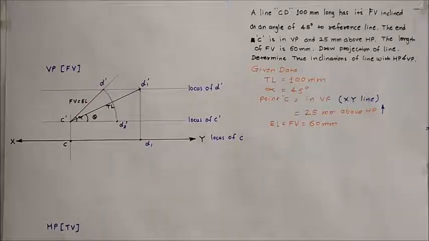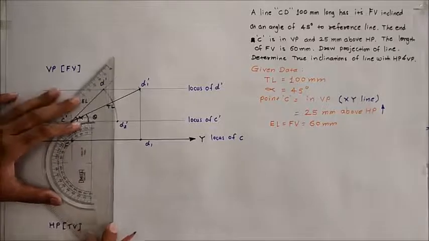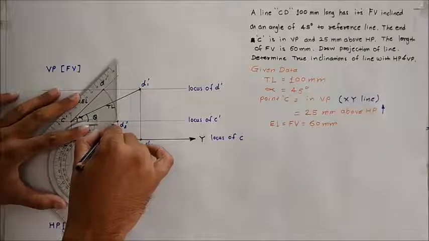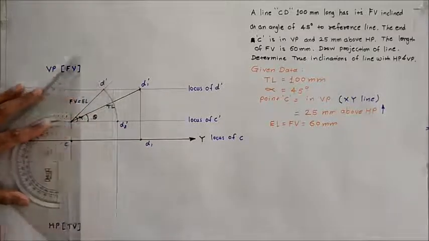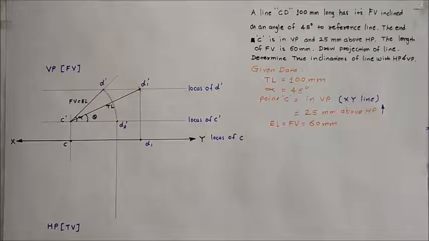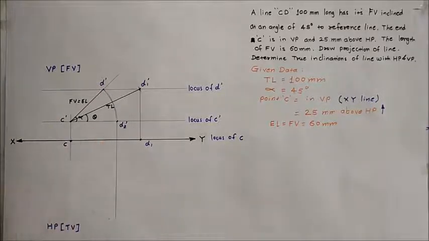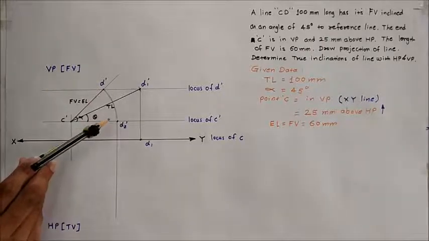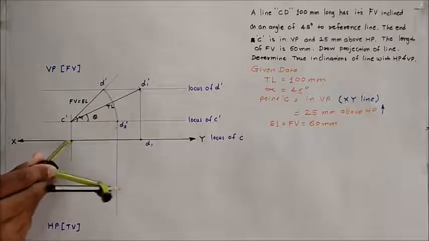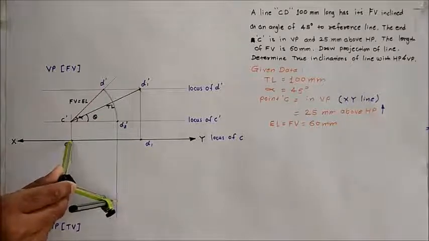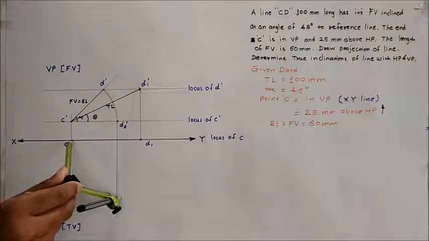Now draw a projection line which starts from D2 dash, which is perpendicular to the XY like this. Then we know the true length of the line is 100 mm, which is given. Take the 100 mm dimension in your compass. Keep your compass at point C and mark the point on the projection line which passes through D2 dash.